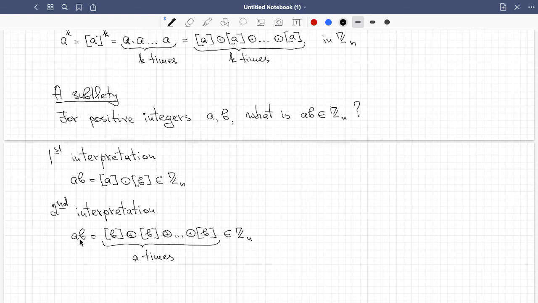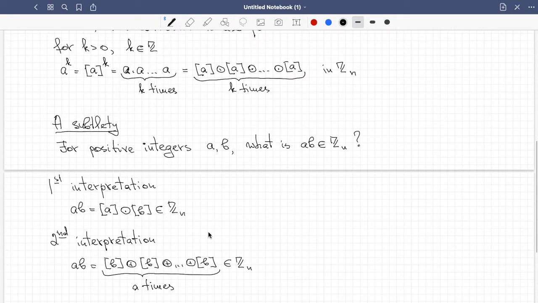Here we think about B still as an element of Z sub n, while we take A as an integer element of Z, and think about the multiplication as A times B plus B, B added to itself repeatedly A times.